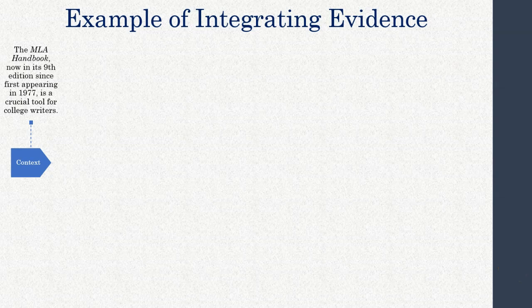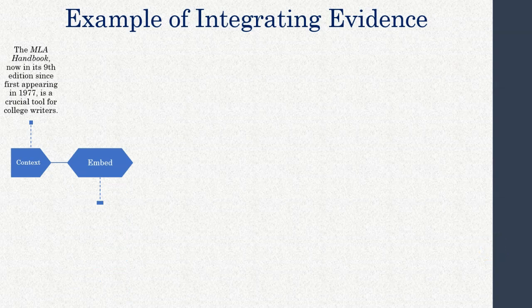The MLA Handbook, now in its 9th edition since first appearing in 1977, is a crucial tool for college writers. So I introduced the title of the source and kind of how long it's been around and what it is. It's a tool. Next, I'll embed a quotation.